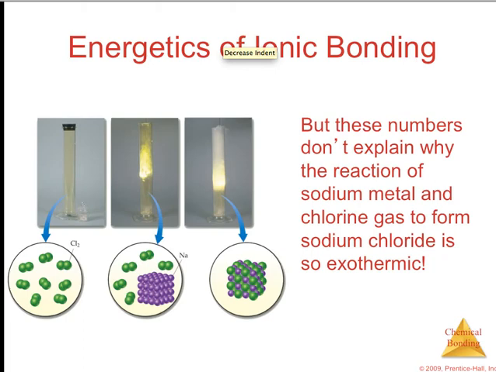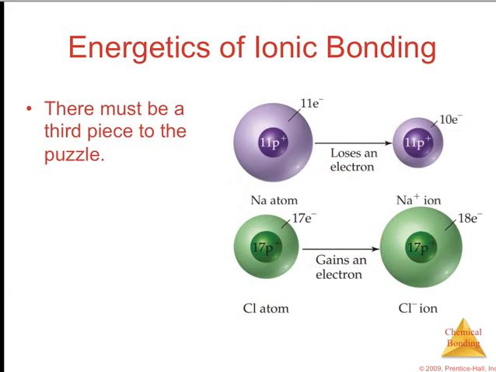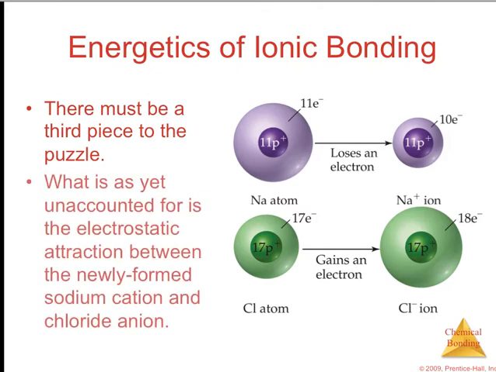Okay, so the energetics of ionic bonding. Those numbers, the ionization energy of sodium and the electron affinity of the chlorine atom, don't explain why the reaction of sodium metal and chlorine gas is so exothermic. So there's got to be something else to this puzzle. And that is the electrostatic attraction between the newly formed sodium cation and the chloride ion.